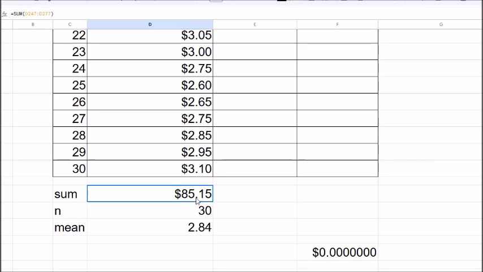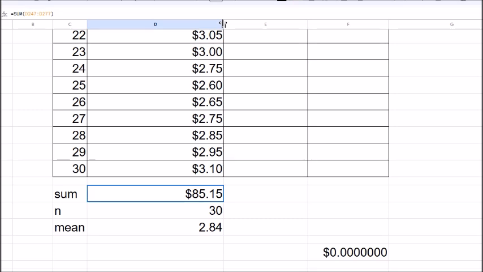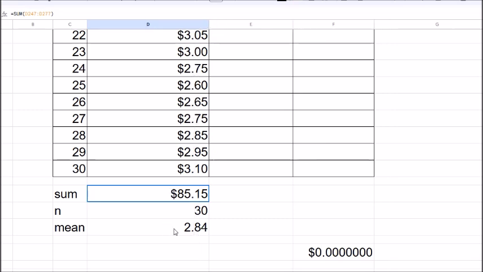So the sum is 85.15, and the sample size is 30. We do $85.15 divided by 30, and we get $2.84. This is called the sample mean.